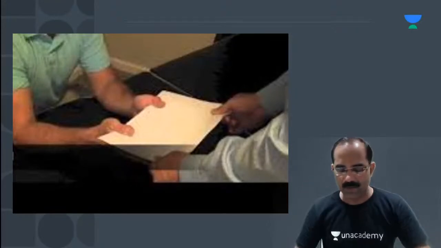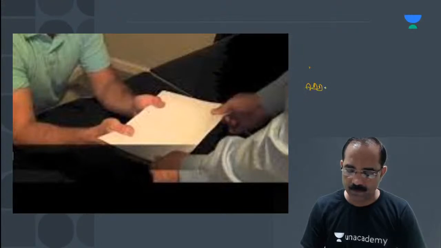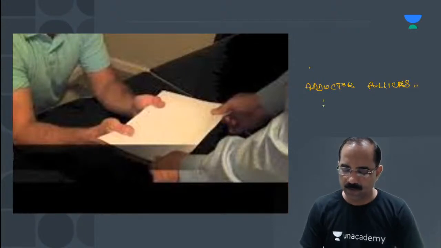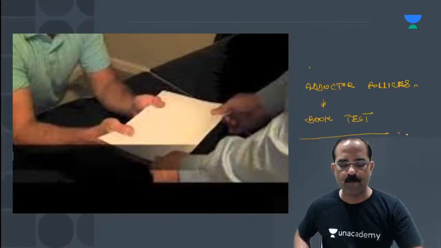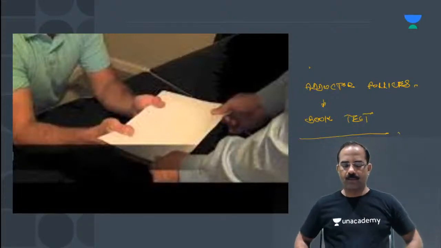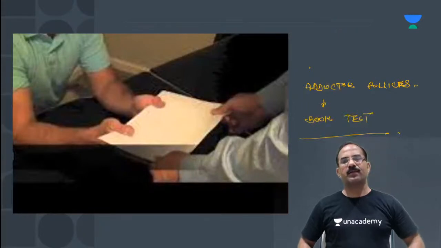That's the adductor pollicis. That's the test for adductor pollicis. That's the book test for adductor pollicis.